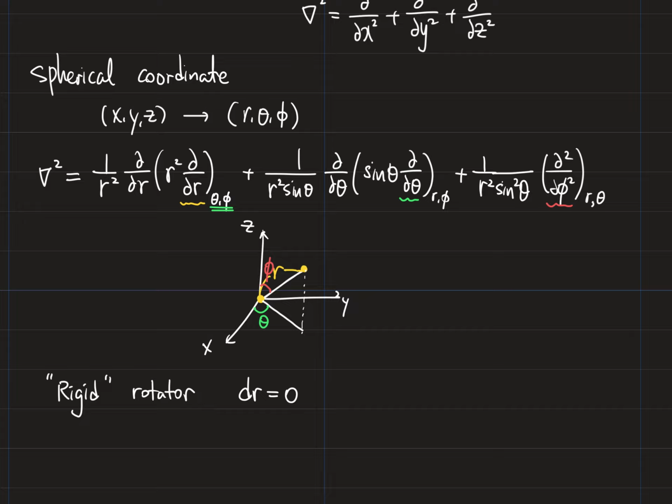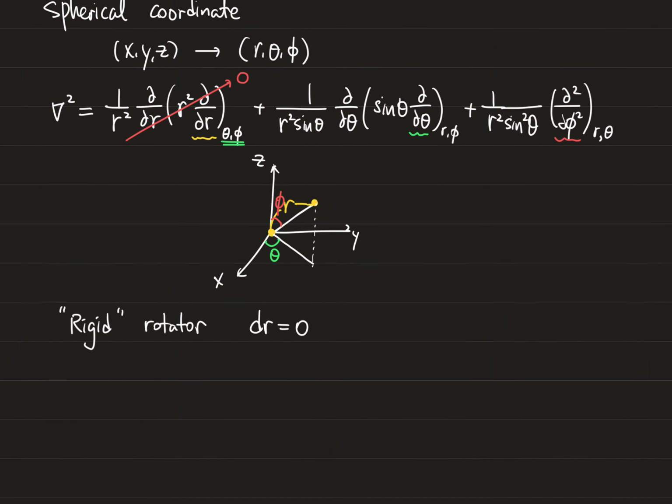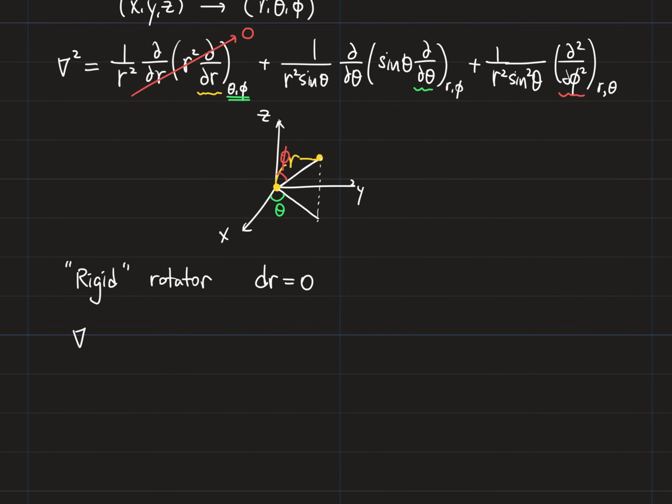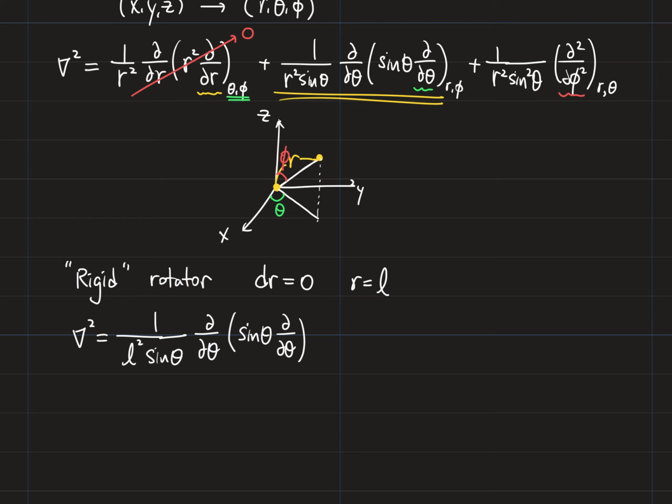That means we don't really need this part, because this part will vanish. And we can fix the distance r as the length L. So L squared sine theta.